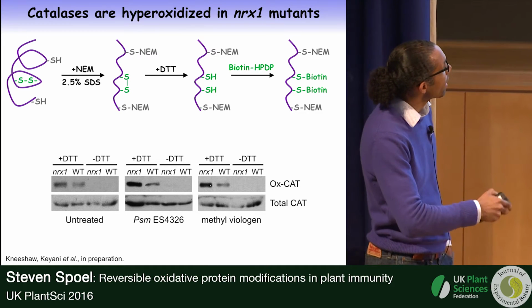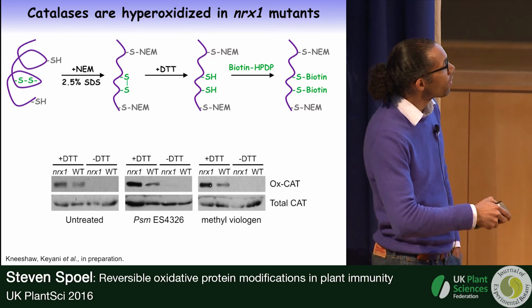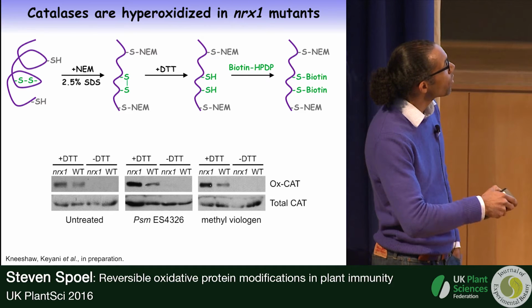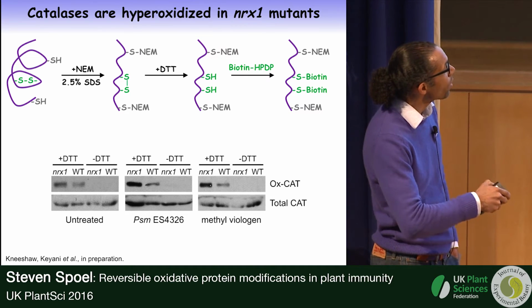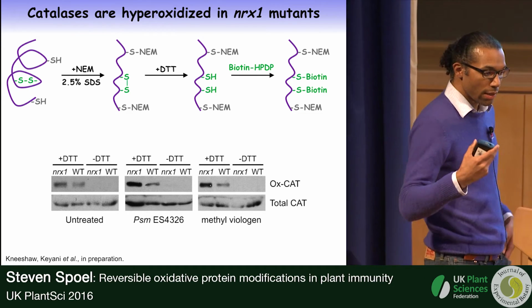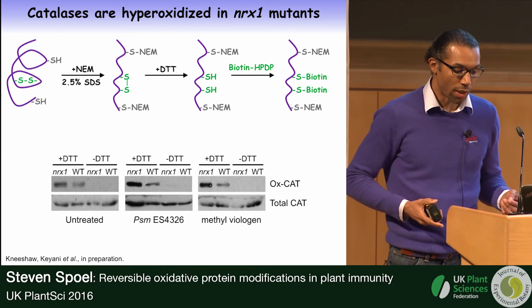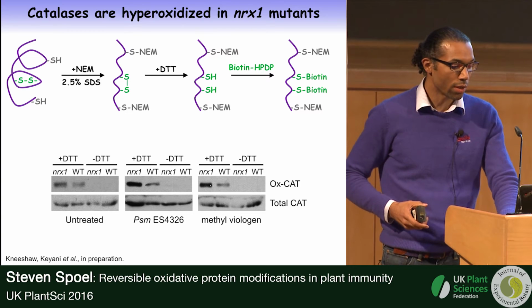But what you can see is then that infection with a pathogen or treatment with methylviologen, which is an oxidative stressor, increases the amount of oxidation that you see, but particularly in this NRX1 mutant, suggesting that indeed catalase is oxidatively modified, and this may be held down by the action of nucleoredoxin.